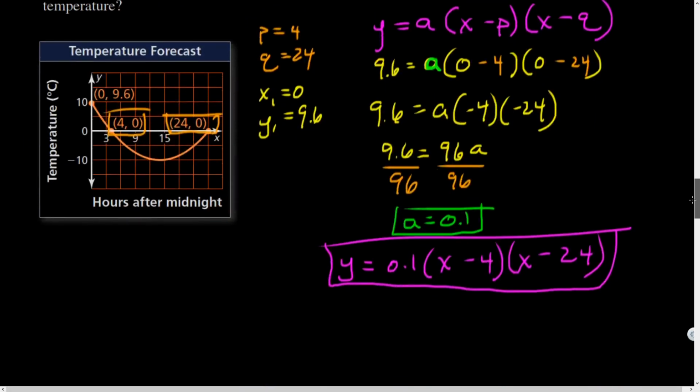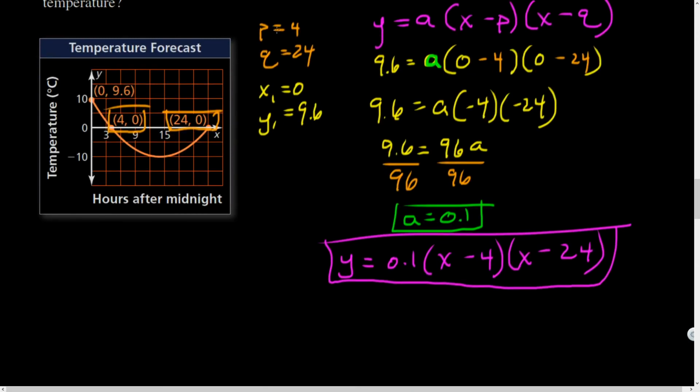But we actually had a different way of doing that. Since I know p and q, and the vertex is going to be literally in the middle of those, the x-coordinate of the vertex should be the average of those two things. So I would just do p plus q divided by 2.